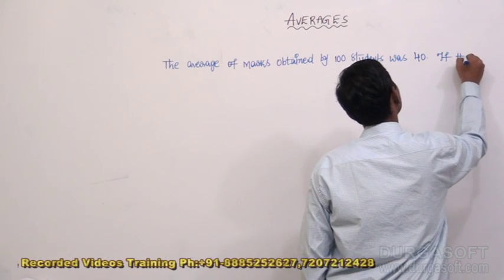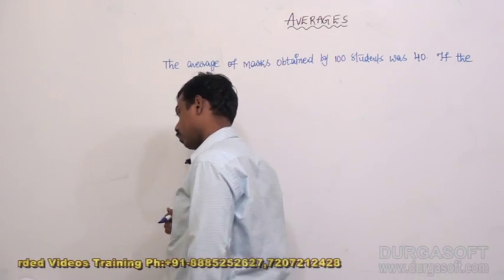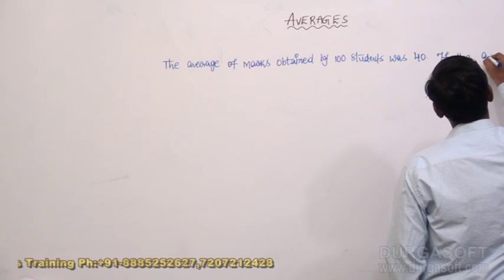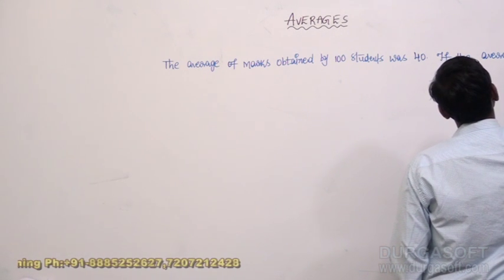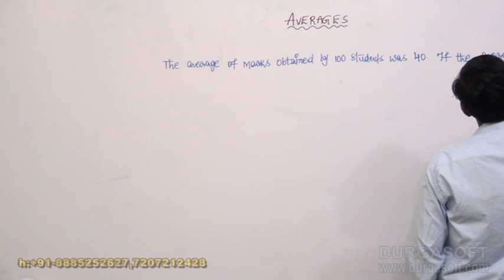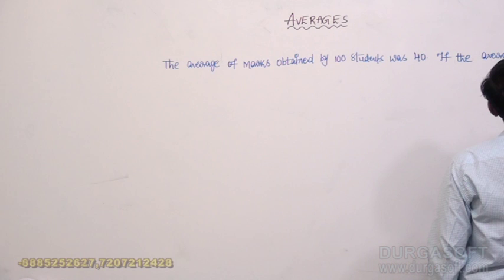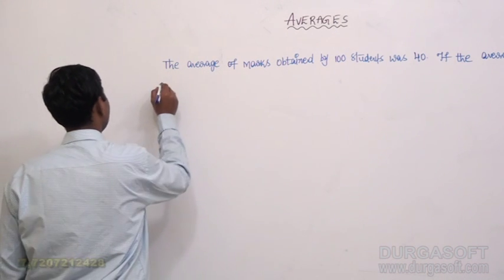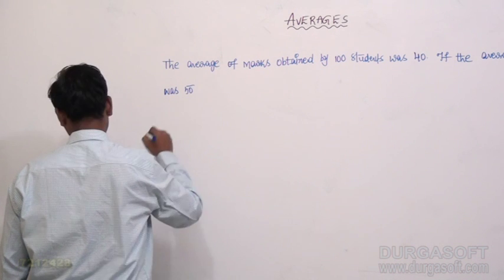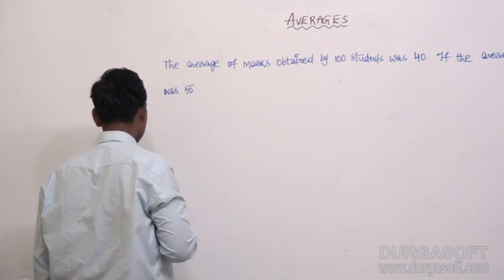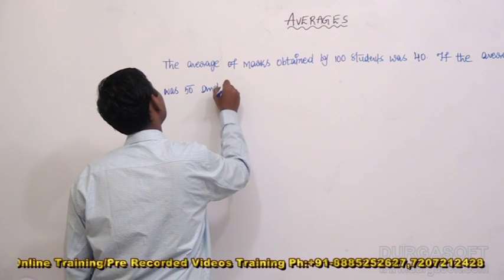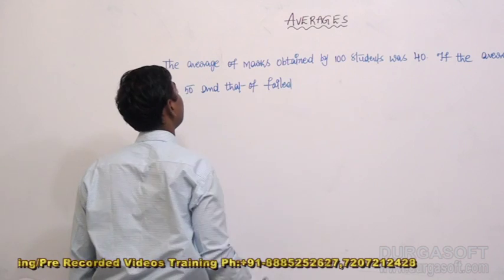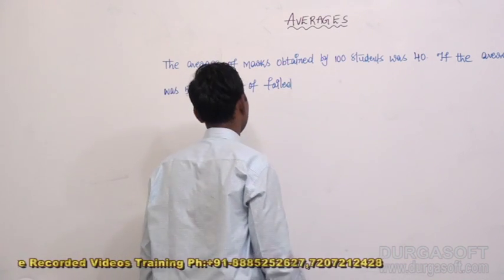If the average of passed candidates was 50 and that of failed candidates was 30.